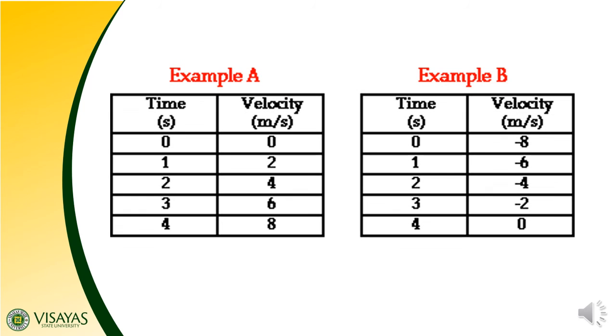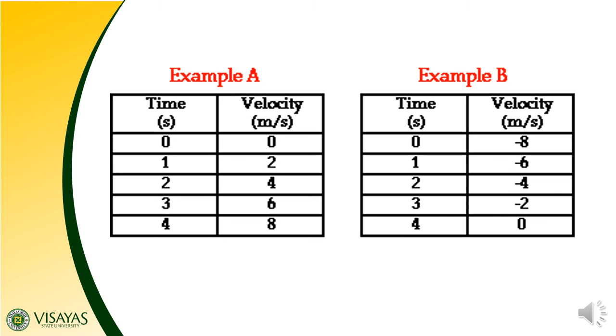For us to have a better understanding regarding the difference between negative acceleration and positive acceleration, let's consider these examples. So we have example A and example B. Table A, table B. In the first column we have the time, and in the second column we have the velocity.